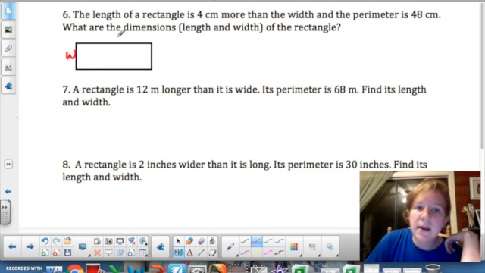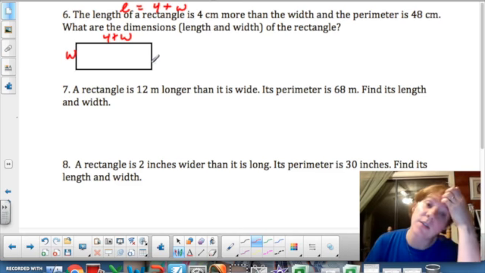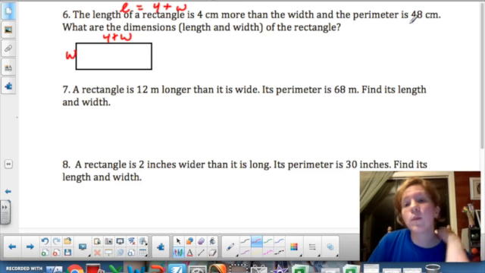If this is my length, then I am told that the length is 4 more than, which means addition, the width. So here's my width. This is 4 more than that. I believe you had to do some problems where we were adding algebraic expressions that were very much similar to this, except this time we're told what the perimeter is.